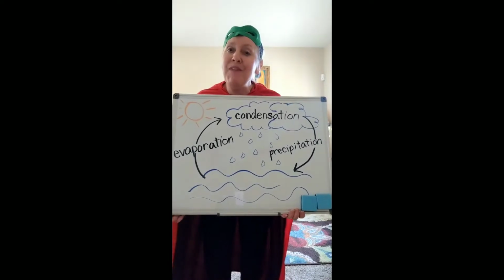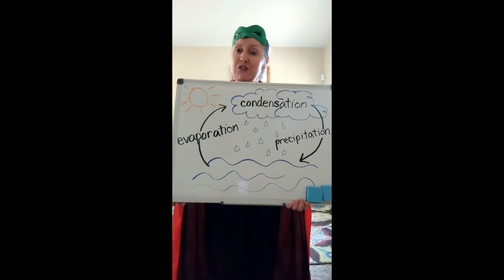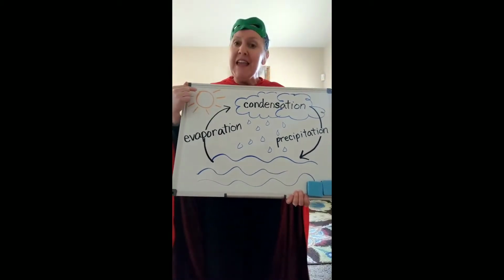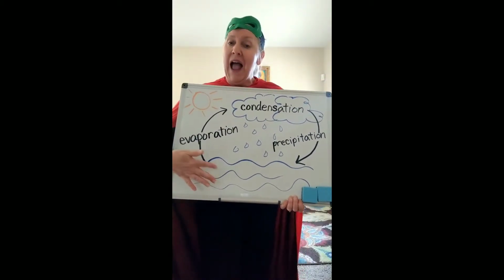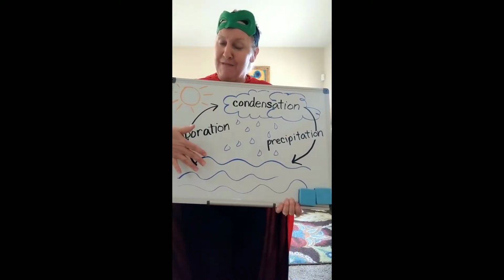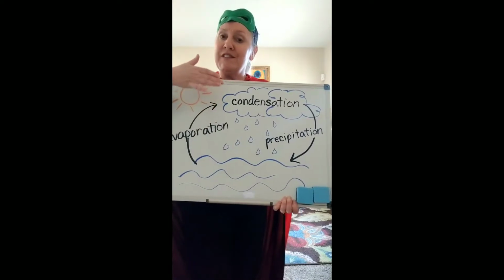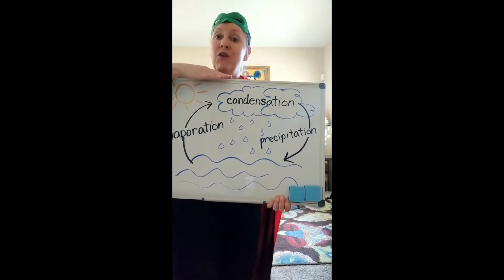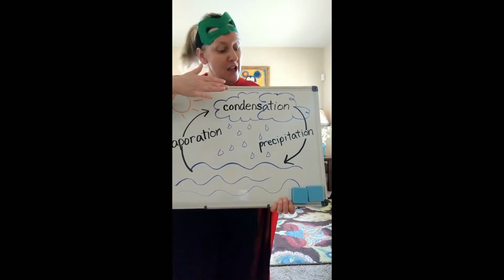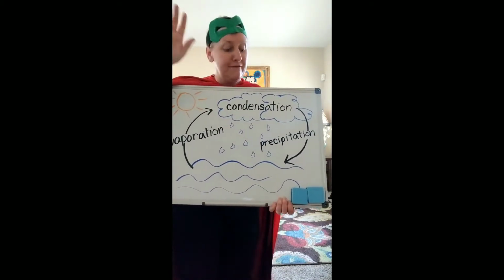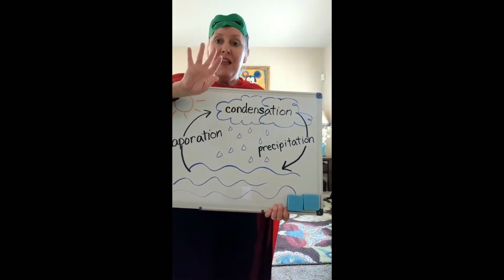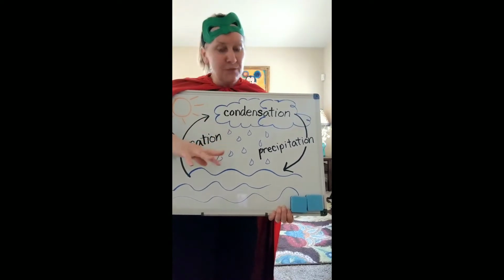Hi friends, I'm back with a song about the water cycle. Remember I drew this chart to show you how the water cycle works? So the sun heats the water and the water turns into a gas as water vapor, evaporates up into the sky where it's cold, and then the cold air turns the water vapor into droplets, and then there's droplets and droplets and droplets that form a cloud, and then the cloud can't hold all that water anymore, so then the rain starts coming down as precipitation.